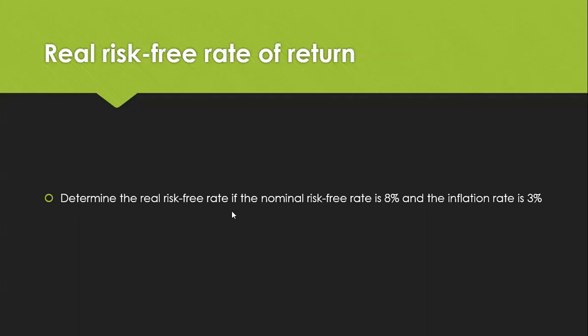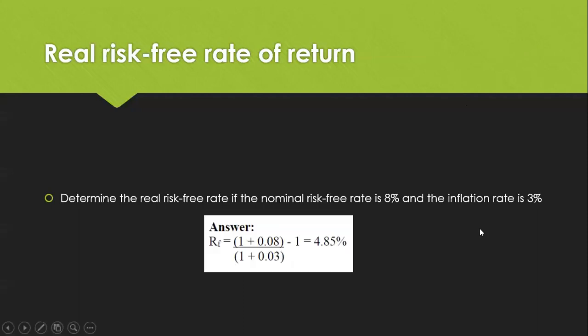So the real risk-free rate in this case is 4.85%. Again, do not subtract 1 in the numerator. You subtract it only after you get the answer for the division.